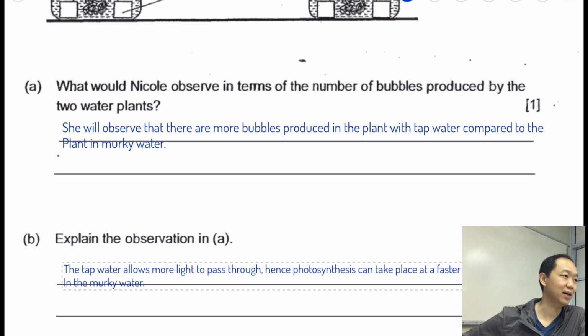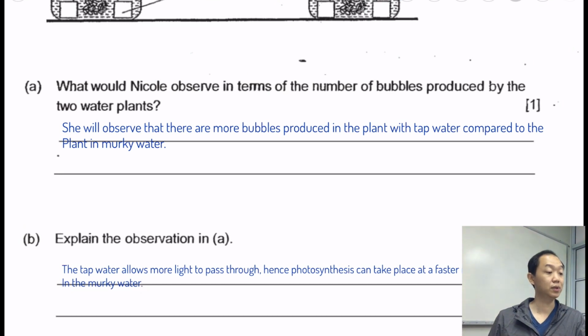Can you tell me what affects the rate of photosynthesis? Intensity of light. What else? Amount of carbon dioxide. Okay, with more carbon dioxide, the rate of photosynthesis increases. That is what they are testing you. So here you will be wrong if you say it cannot photosynthesize.